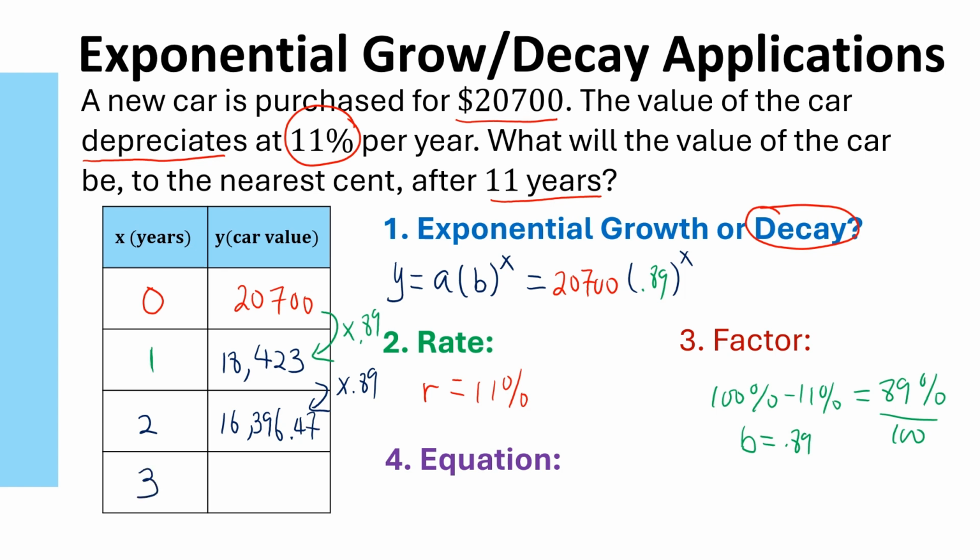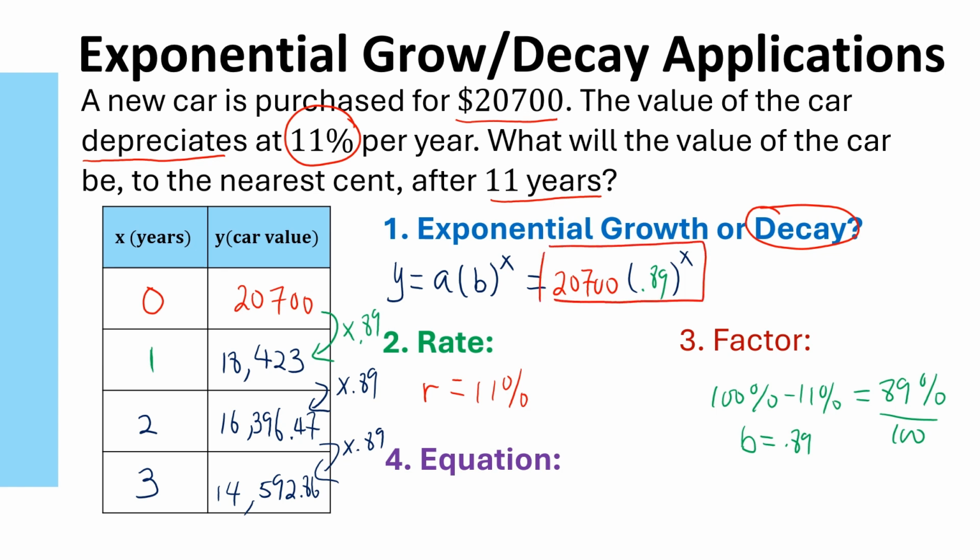And to get the value for the third year, again, you're only keeping 89% of it because you're losing 11%. So that's going to give you $14,592.86.